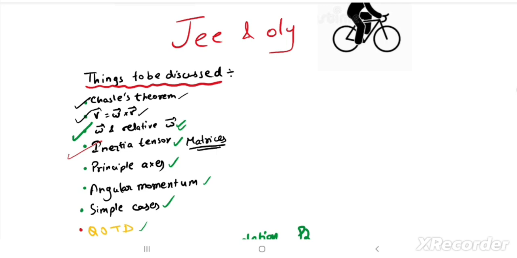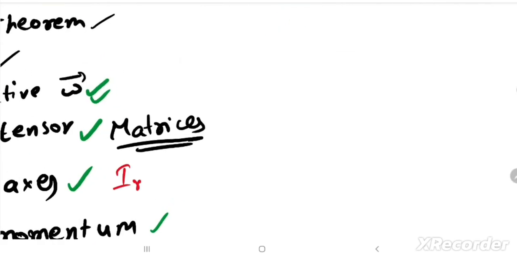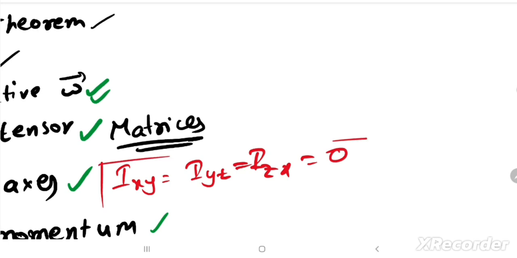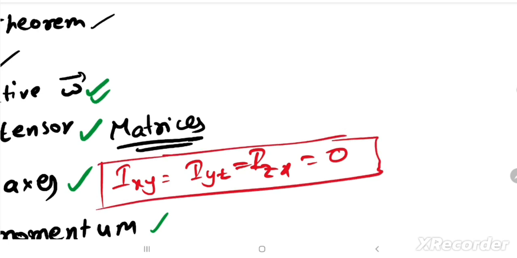Principal axis basically yields us Ixy equals Iyz equals Izx, and it is equal to 0. This is the concept of principal axis. Basically, we'll be nullifying all the non-diagonal elements, and we will get a very simple expression.